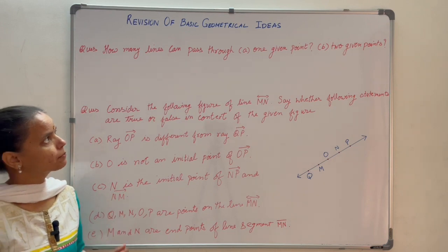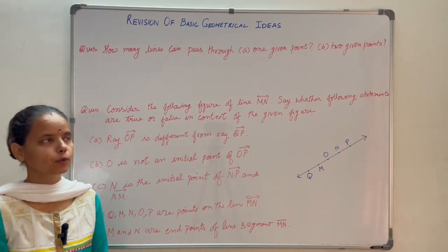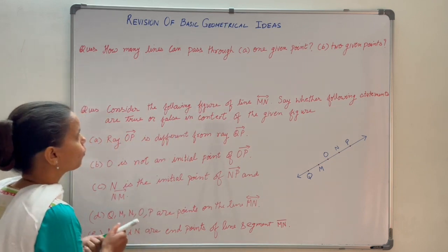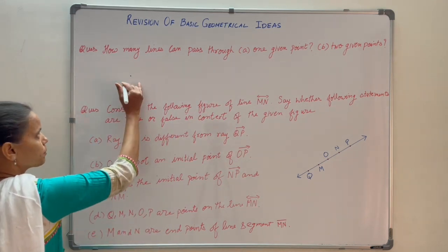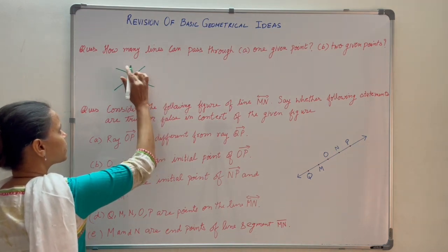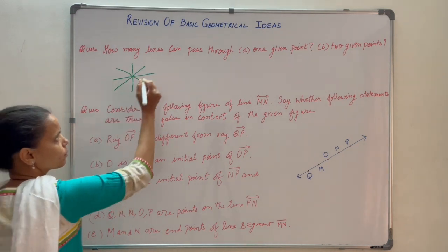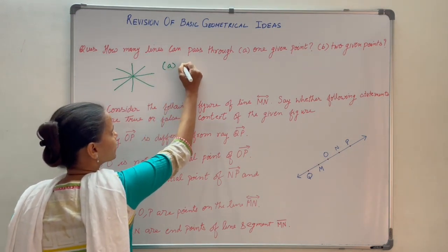How many lines can pass through one given point and two given points? Let us first take one given point. So this is the one given point. How many lines can you pass through one given point? You can make infinite lines passing through one given point. So the answer is infinite.